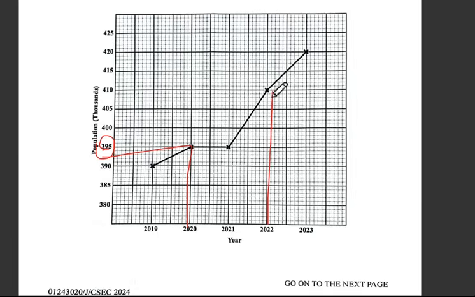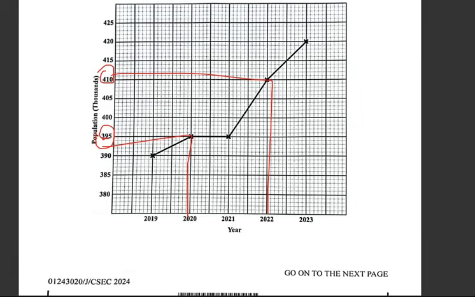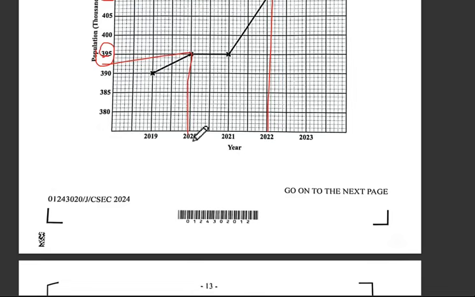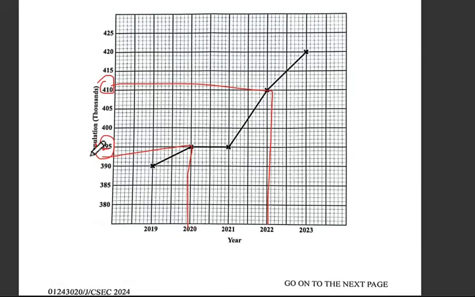And it says from 2020 to 2022. So 2022 here we'd have 410, so that's 410,000. Good. And they say we must calculate between. So it's from 2020, we have 1, 2, 3, 4. From where we saw 2020 was 395, so 395 to 400 here would be 10,000.